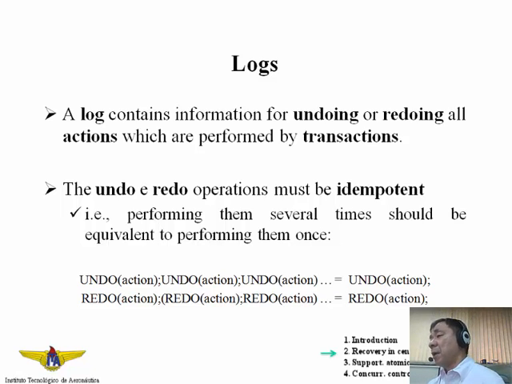Usually, when the transaction is in the beginning, so you haven't done many things yet, you may want to abort the transaction. So you undo the operations that you have made so far.